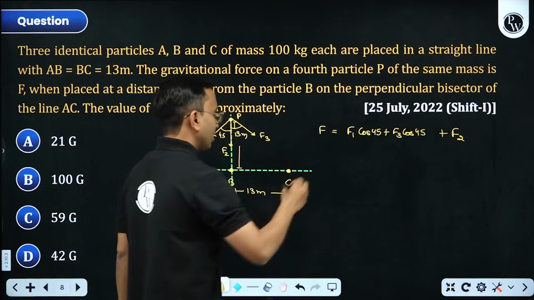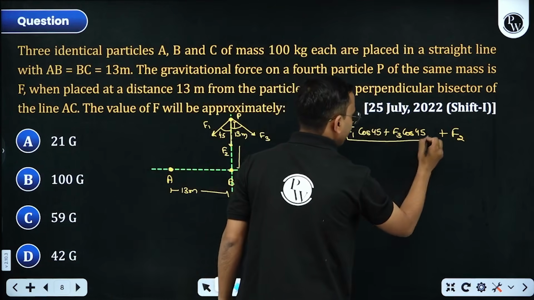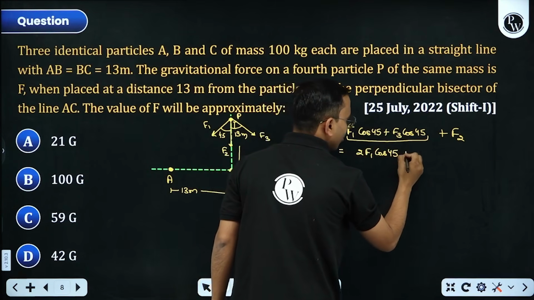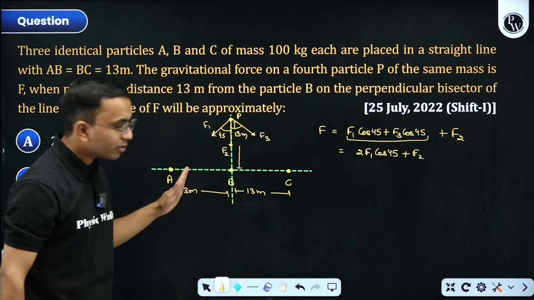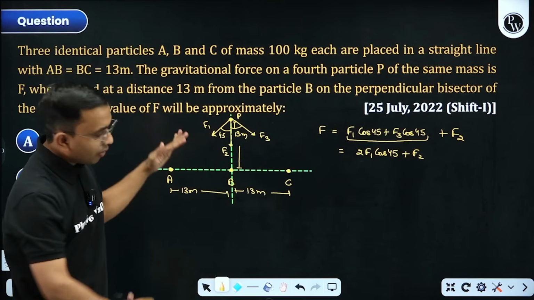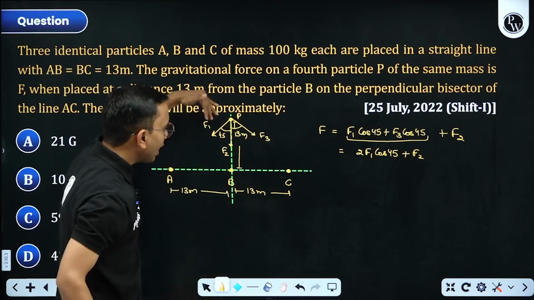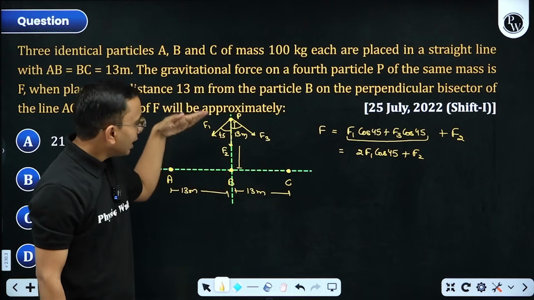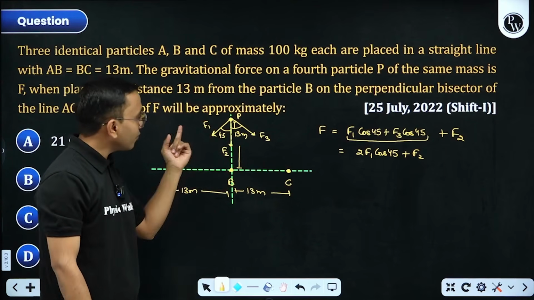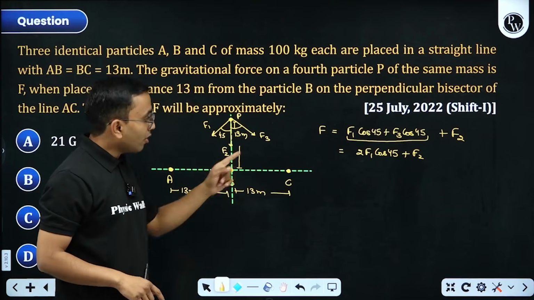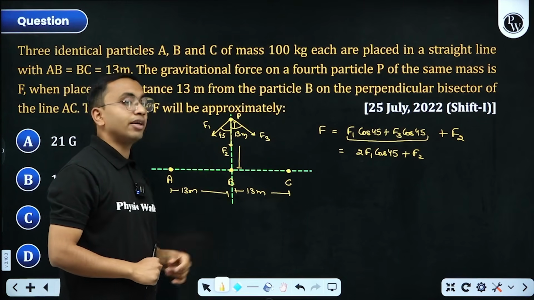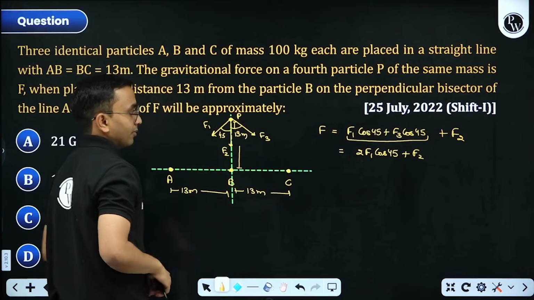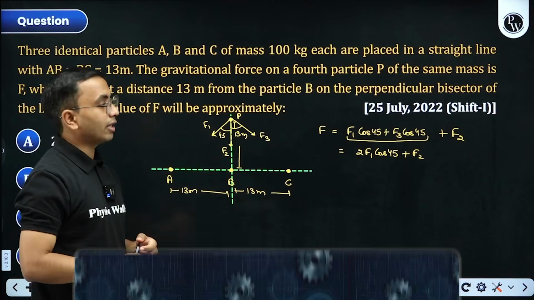Since F1 and F3 are equal, I can write this as 2F1 cos 45 plus F2. Here I was able to see that the resultant will come along the vertical, therefore I took the components of F1 and F3 along the vertical and added with F2. These two were equal in magnitude, therefore the resultant comes along the vertical. If F1 and F3 were different, I would not write it like this. I would take the horizontal component as well, and then take the resultant with that.